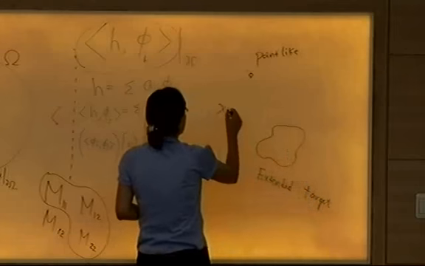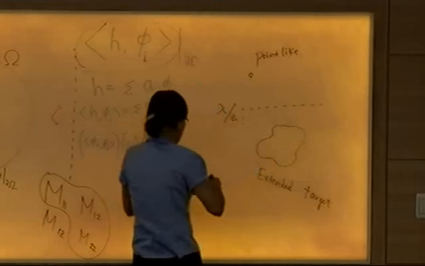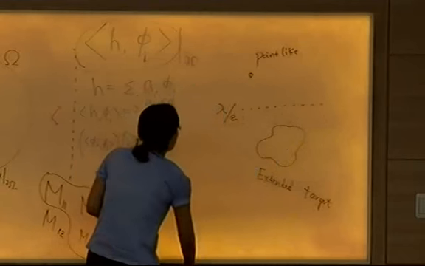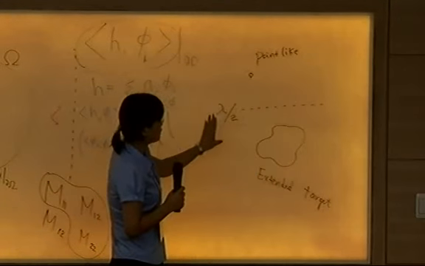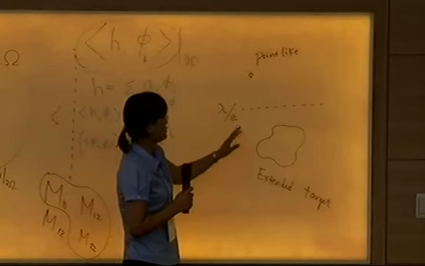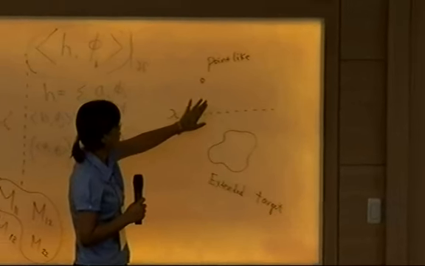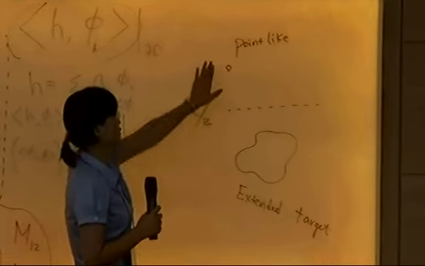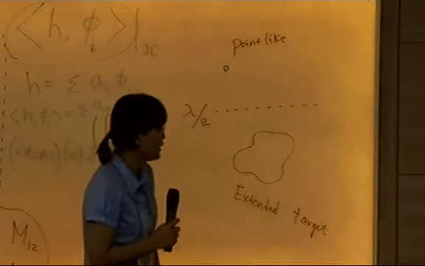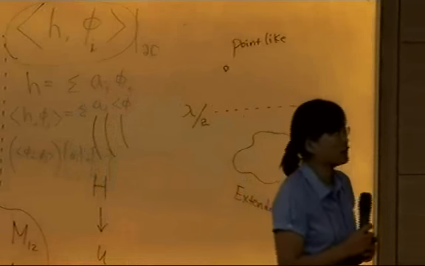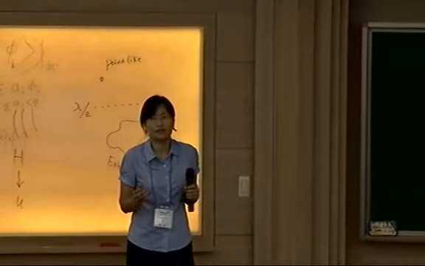Usually, if the target size is smaller than lambda half, we say it's point-like, and if bigger than that, then it's the extended type of target. But for the zero frequency case, it's not obvious.